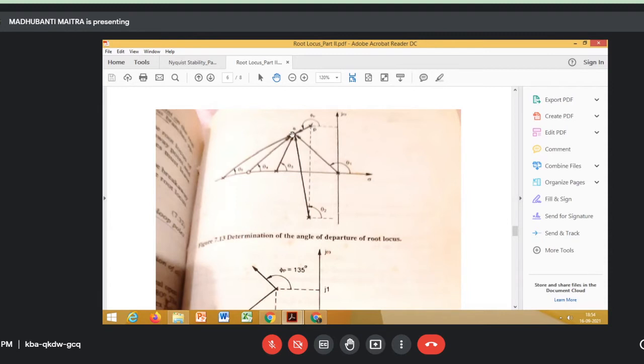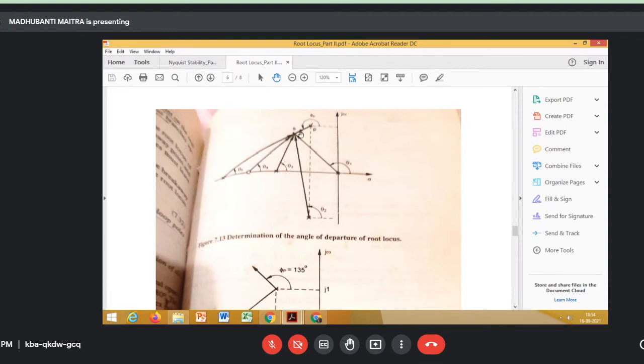Now to find the angle contributed by all the open loop poles and zeros at this particular trial point, let's construct the phasors. So this is the phasor S plus P1, this one say S plus P2. Likewise, we construct all these phasors.